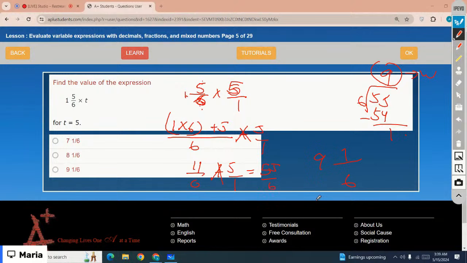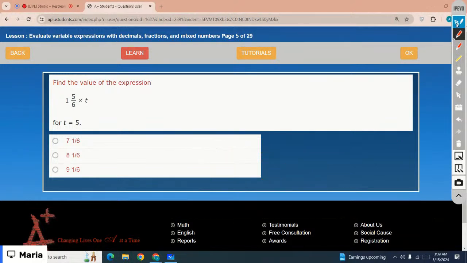So the correct option is 9 whole 1 over 6.